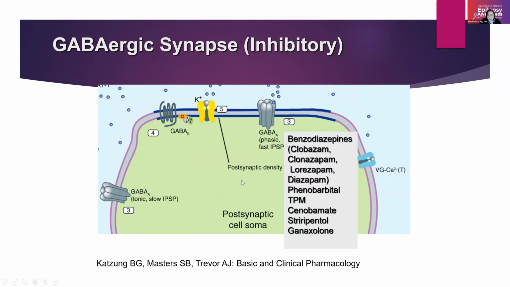At the postsynaptic membrane, we have the GABA A, which is involved with increasing GABA transmission. And these medications here, the benzodiazepines, phenobarbital, topiramate, cenobamate, they work at the GABA A receptor to increase GABA transmission and therefore increase inhibition and stop seizures.